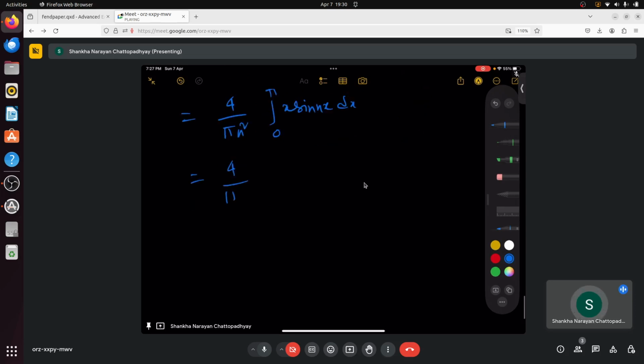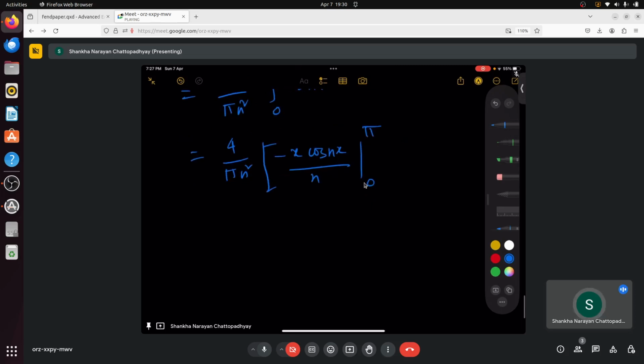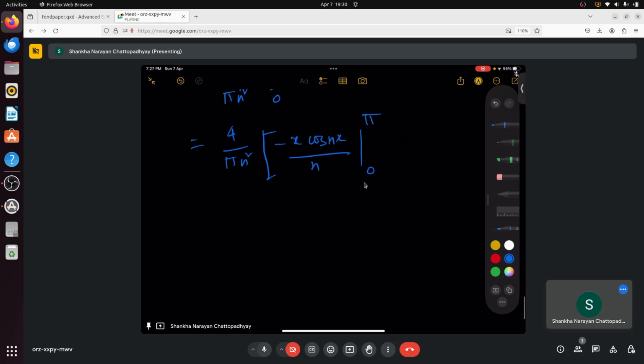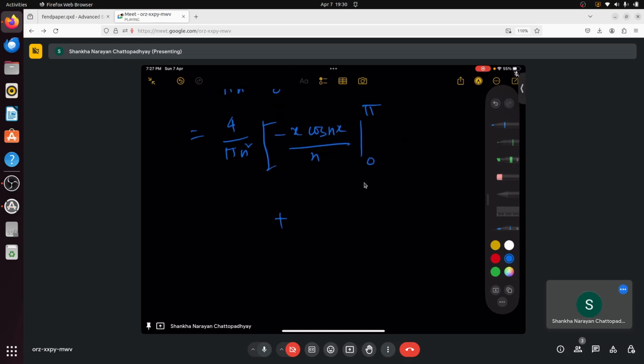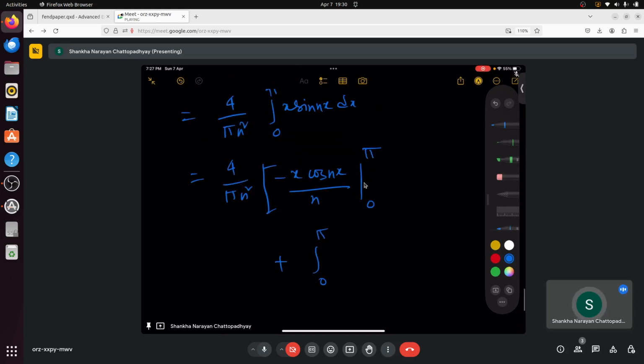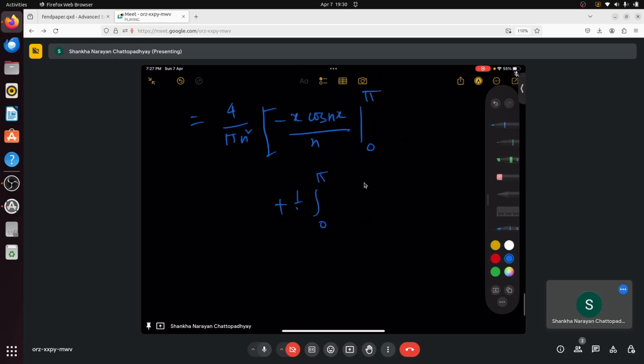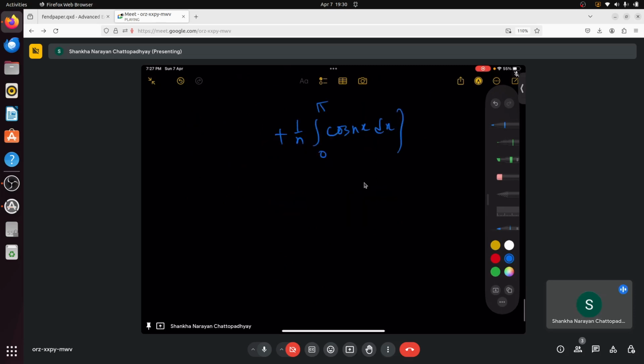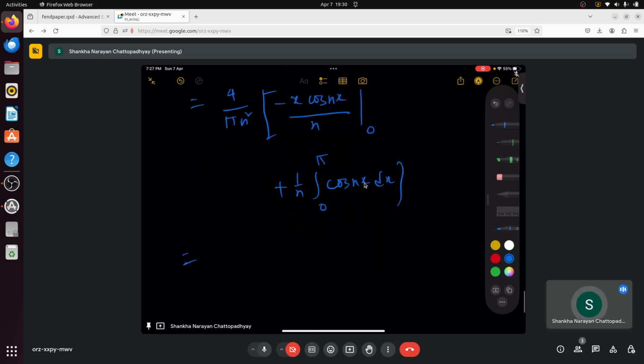Once again chain rule: minus x cos nx by n, integration 0 to pi, plus integration 0 to pi of 1 by n cos nx dx. This becomes 4 by pi n square.